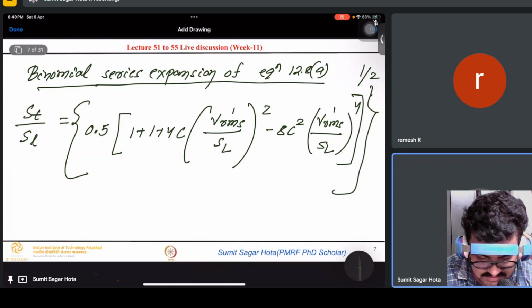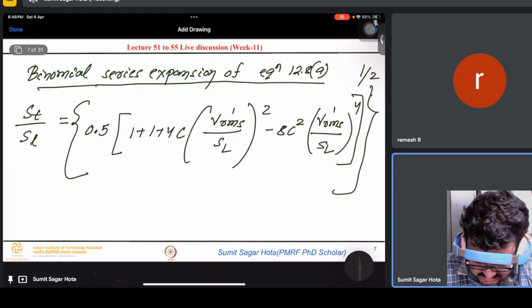The higher order terms, to the power 4, can be neglected. That we will see now, later on.